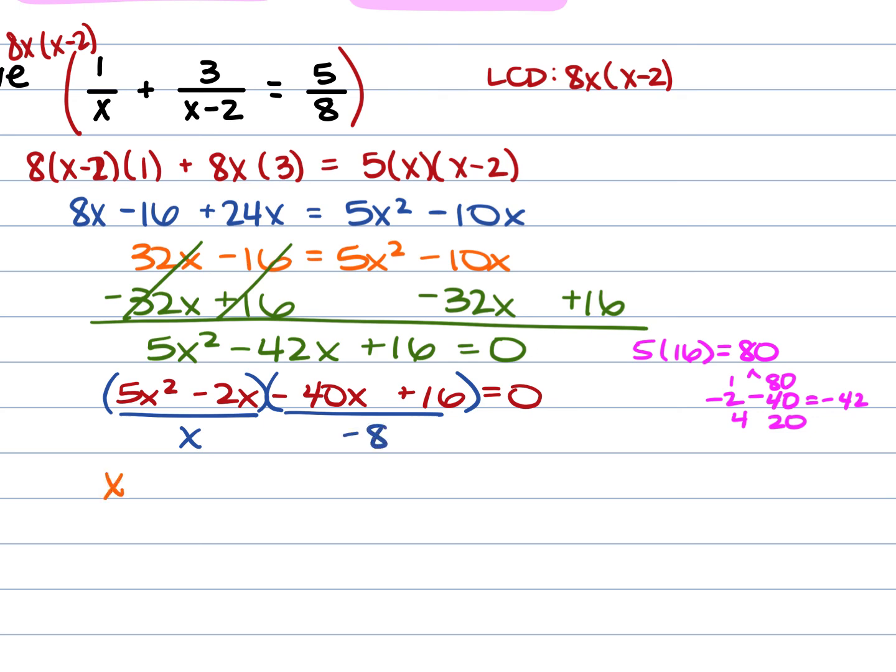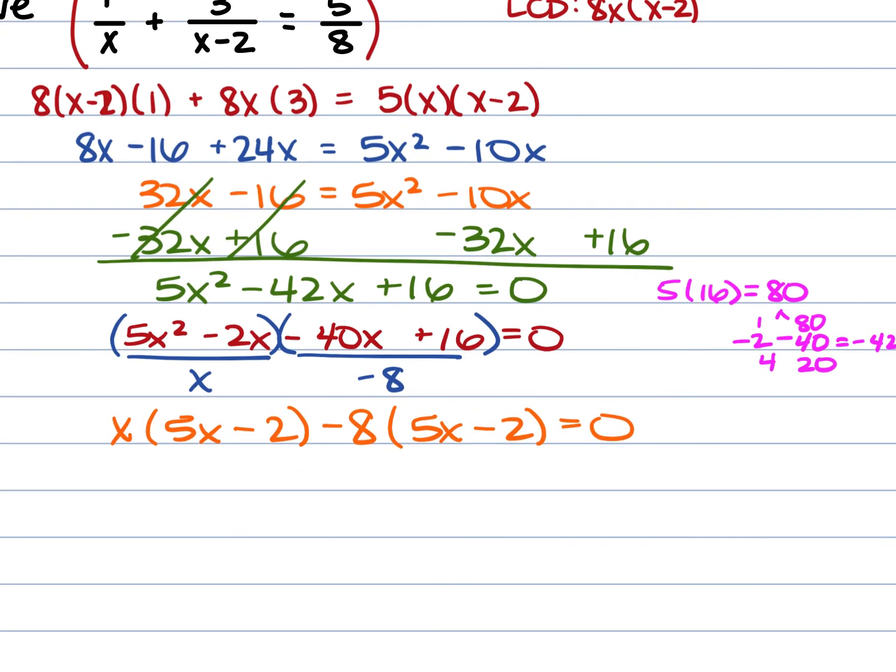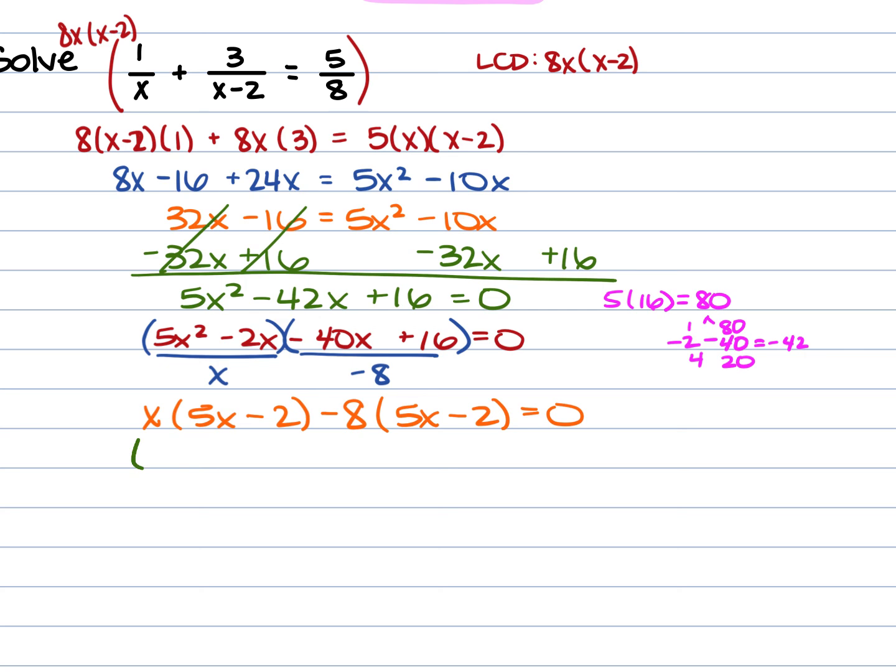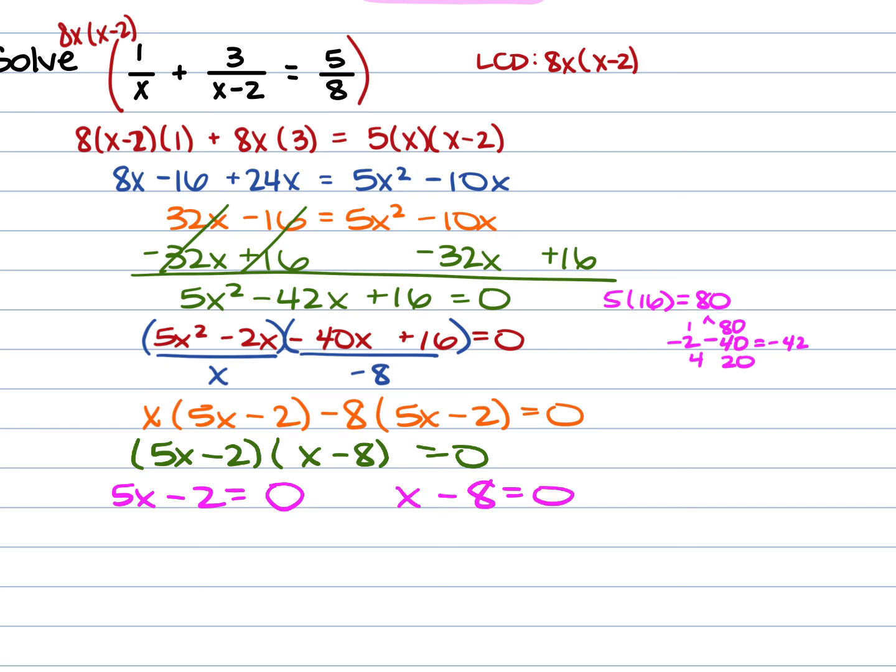This is going to leave us with x times 5x minus 2 minus 8 times 5x minus 2 is equal to 0. We're going to separate this even further to be 5x minus 2 times x minus 8 is equal to 0. And then we're going to solve by taking the 5x minus 2, setting it equal to 0, and the x minus 8 by setting it equal to 0.